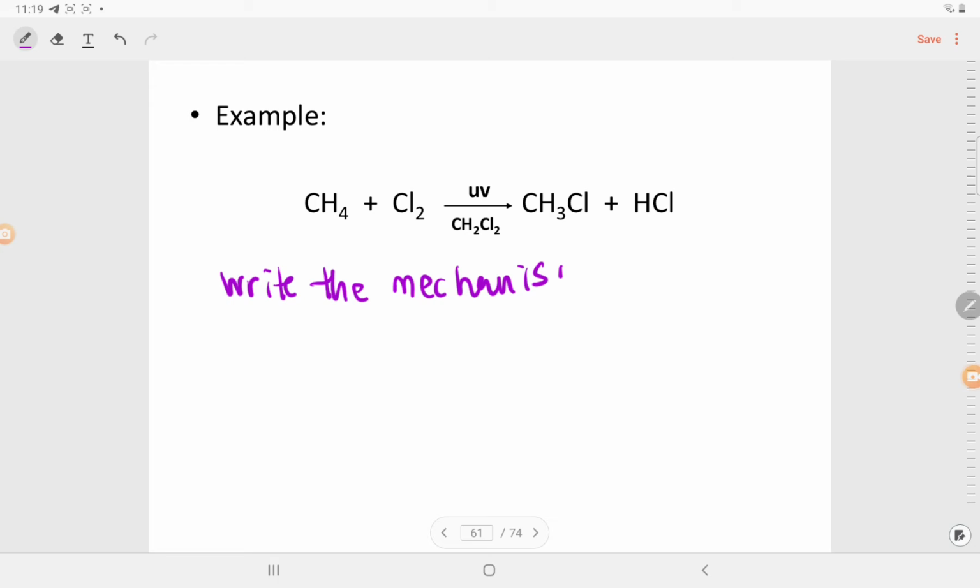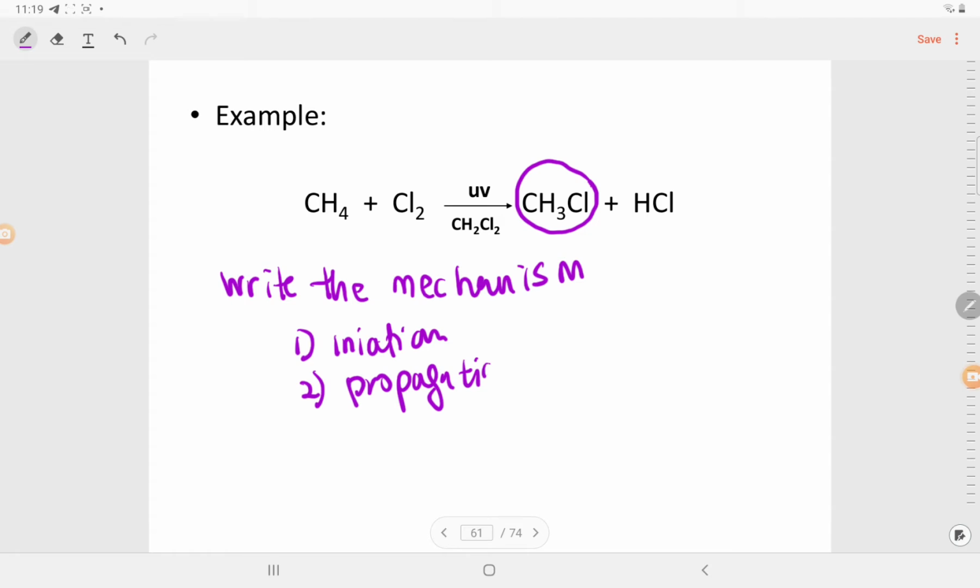This mechanism shows how the product chloromethane forms in three steps: first, initiation; second, propagation; and third, termination.